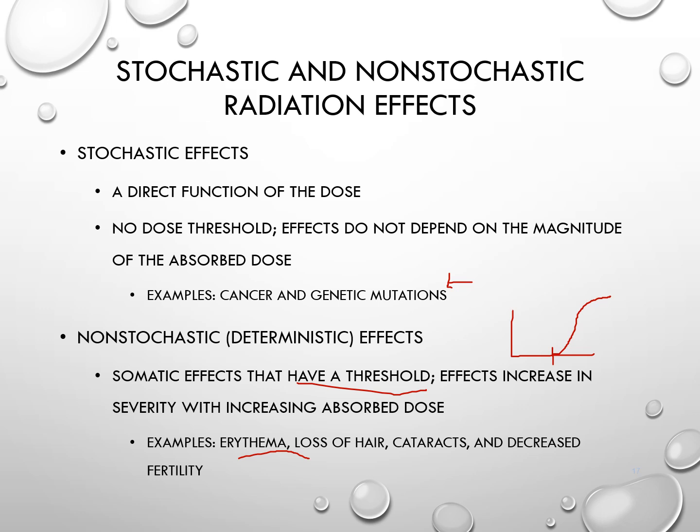But we do know that no matter how small a dose on a cellular level, there is some effect. And so those are these types of results. Those cellular changes that we're seeing, no matter how small the dose, those are stochastic. The ones where we have to have a certain amount before we see those effects, those specific diagnoses, those specific conditions, those are the non-stochastic effects.